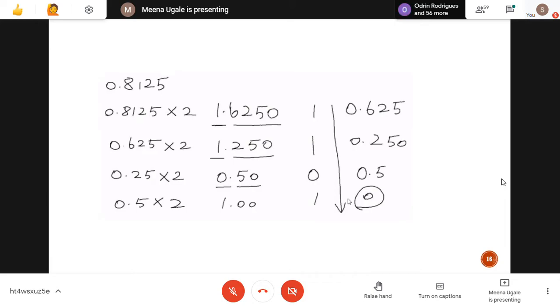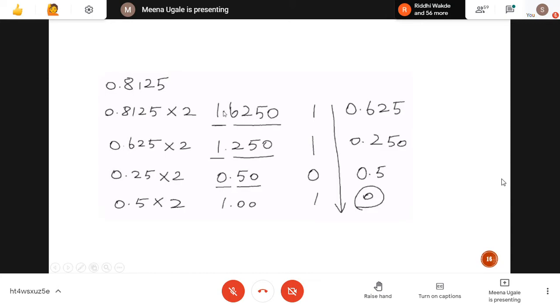Yes. What we are going to do here, see your number given is 0.8125 and you are supposed to find out the equivalent binary for this. Every time whenever there is a decimal point, 0 point something, I am going to multiply it by 2. First step, I am multiplying it by 2. The answer I get after multiplication is 1.6250.